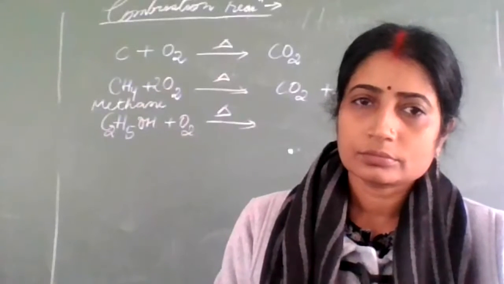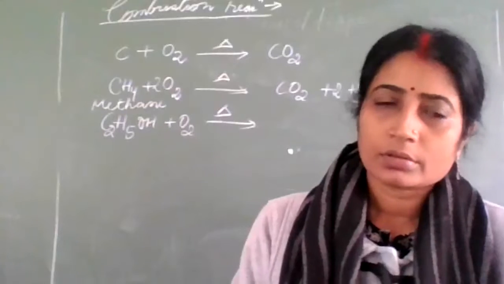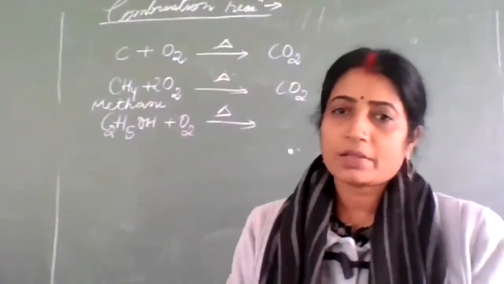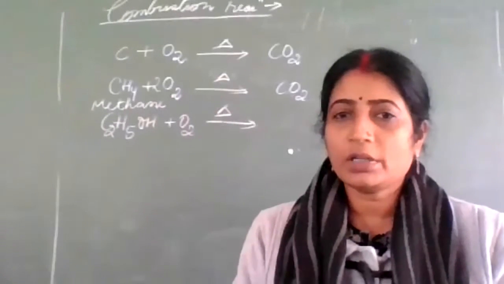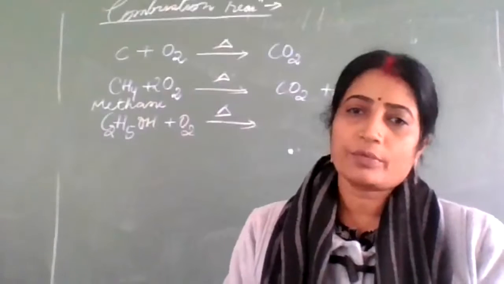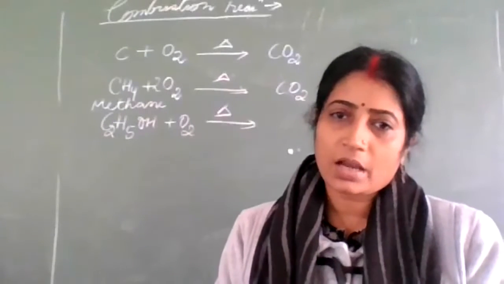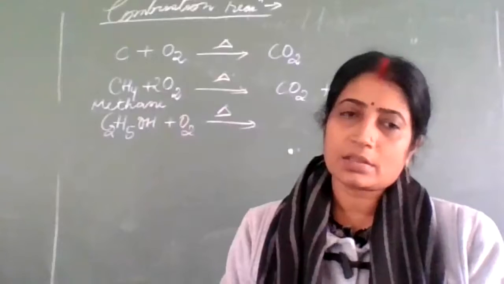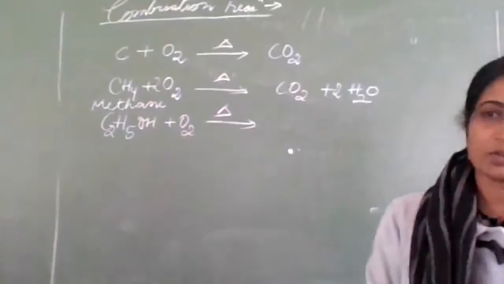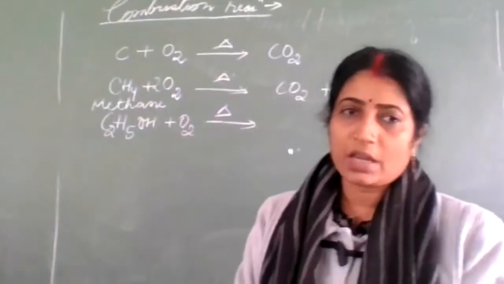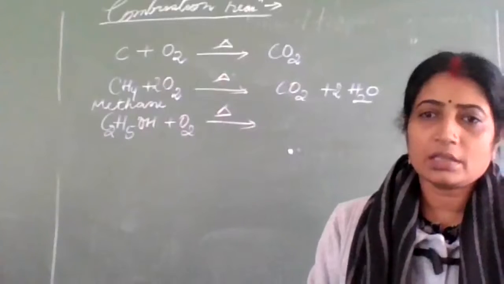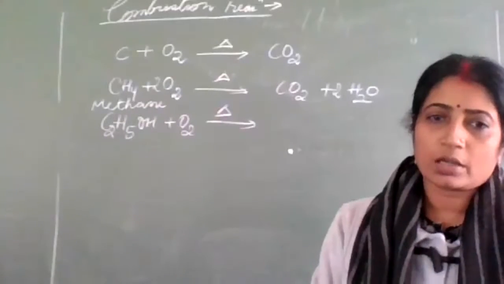Mass can neither be created nor destroyed in a chemical reaction. The total mass of reactants is equal to that of the products. Before and after the reaction, it is the same. Mass always remains conserved in a chemical reaction. It means that nothing is created, nothing is destroyed.